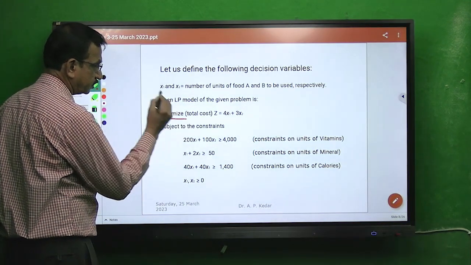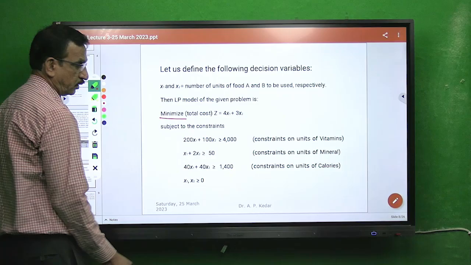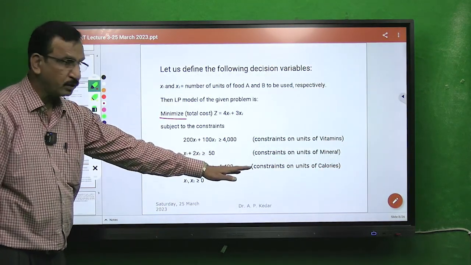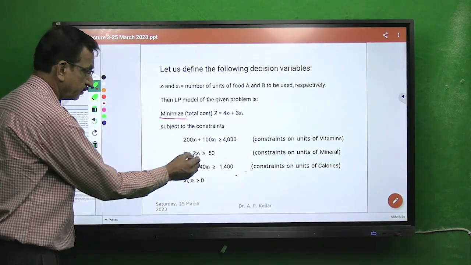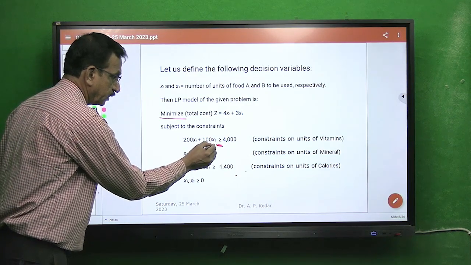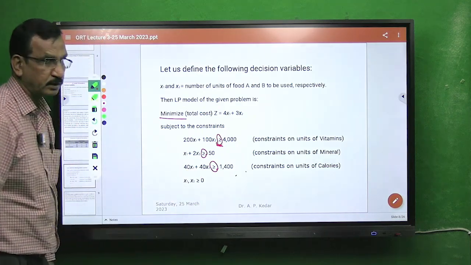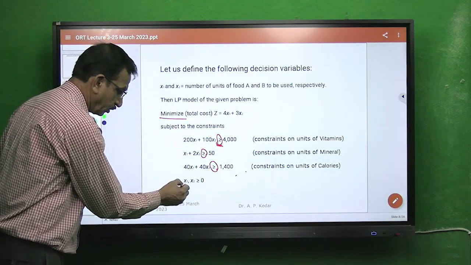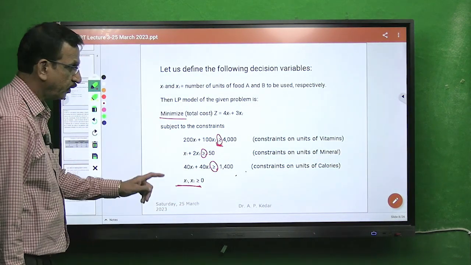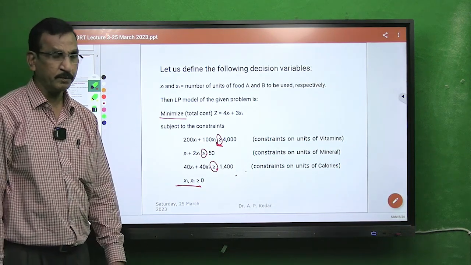Objective function minimize, three constraint equations, one for vitamin, one for mineral, third for calories, with the important sign, greater than or equal to, in each. This is the non-negativity condition. Always end your formulation of any linear programming problem with it.